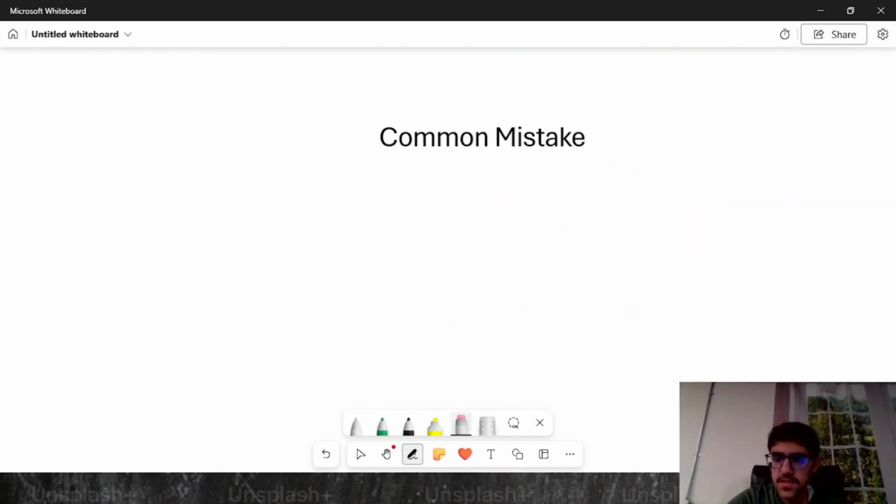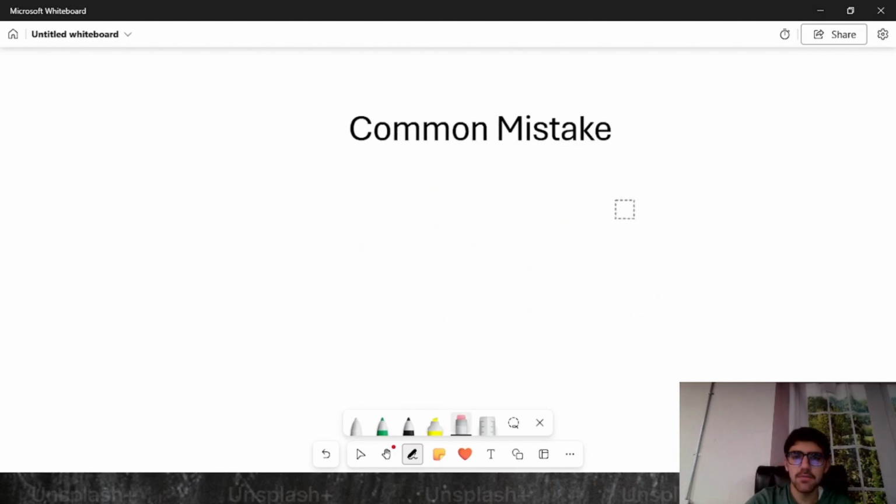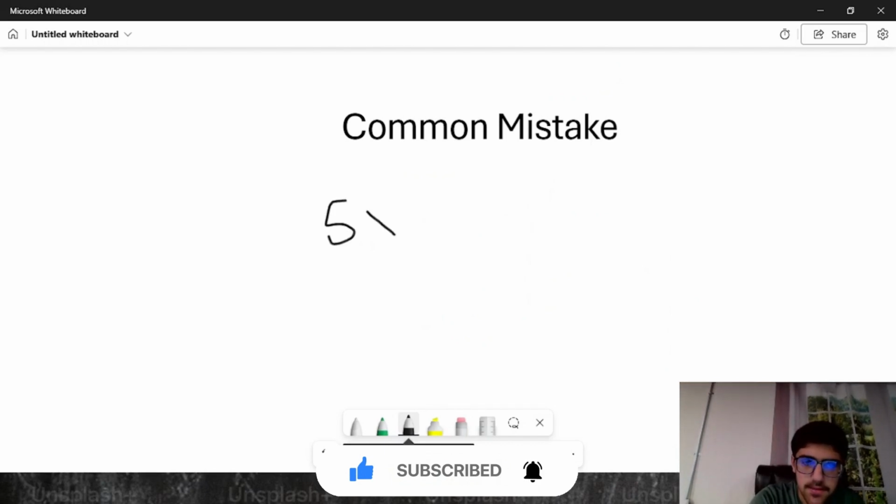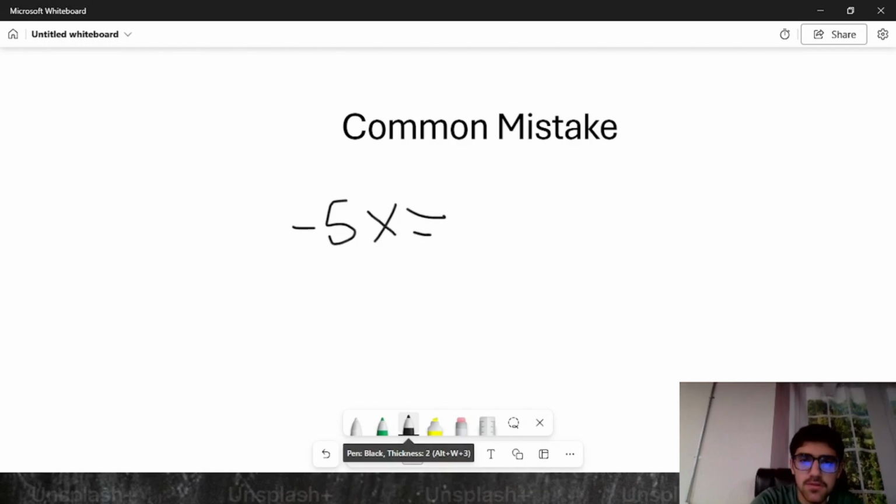So this is something I didn't include in any of the examples, it just wasn't in them. But an important thing to note when solving inequalities is, let's say I have negative 5x is greater than 20.